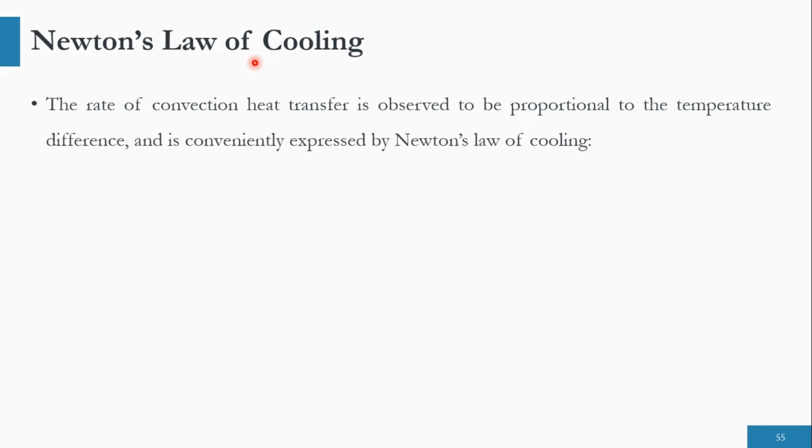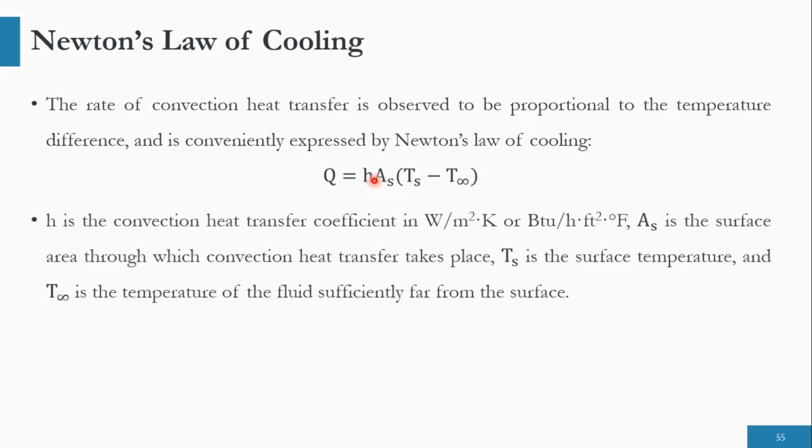The law states that the rate of convective heat transfer is observed to be proportional to the temperature difference and can be conveniently expressed as Q = hAs(Ts − T∞). Now h is the convection heat transfer coefficient, the units are watt per square meter Kelvin or BTU per hour per square feet per degree Fahrenheit.